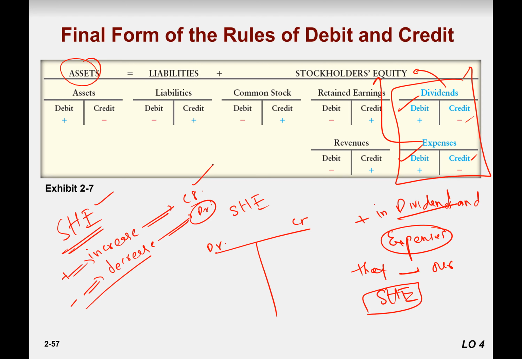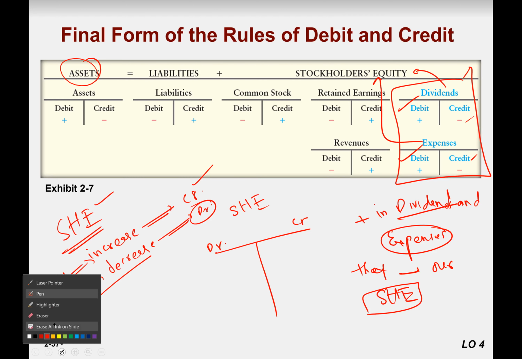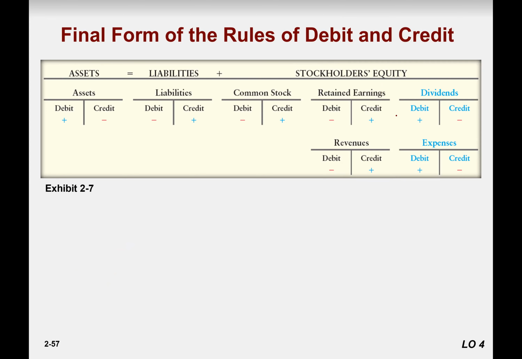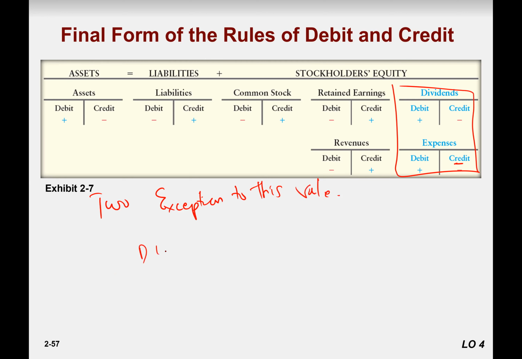And if you cannot digest this explanation, then remember this one, a very short one which I don't recommend, but since it is in your book, you can call it: there are two exceptions to this rule of debit credit. If dividend occurs, always debit.